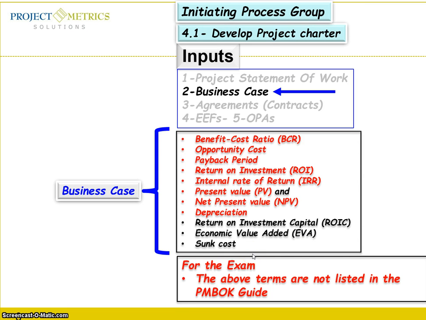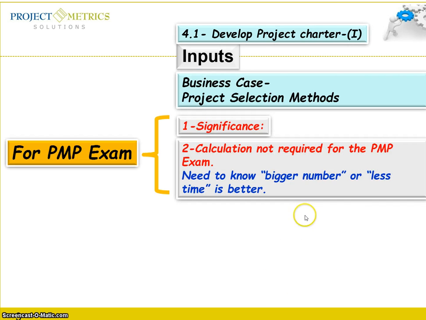I'll focus here on the business case, the justification, because the business case is not only the benefit cost ratio. The benefit cost ratio, the opportunity cost, the payback period, all these tools you are going to use to justify your project. The above terms are not listed in the PMP guide.